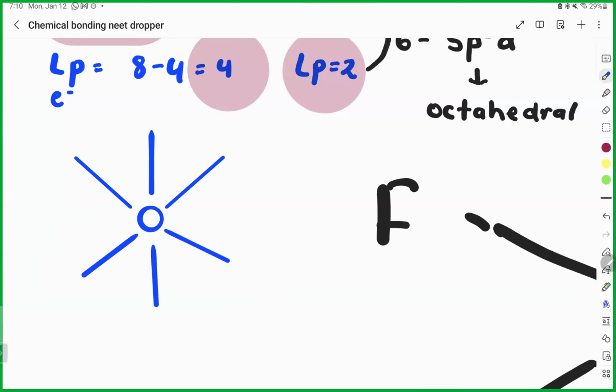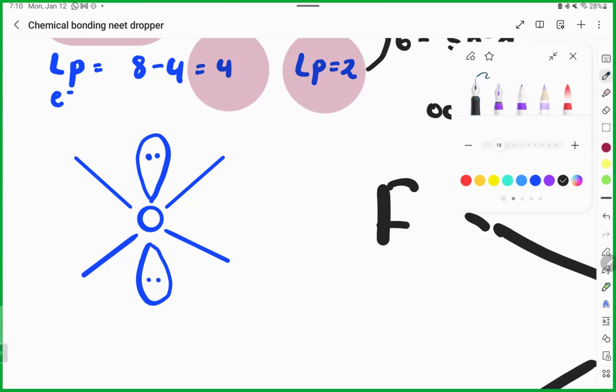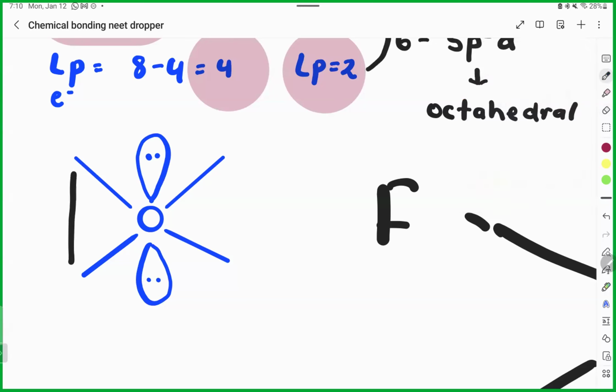But what happened here? We don't have 2 bond pairs. Instead, we will have lone pairs here. Now, Chandan, tell me what should be the shape in this case? Sir, square bipyramidal.